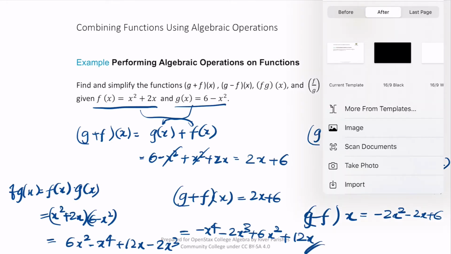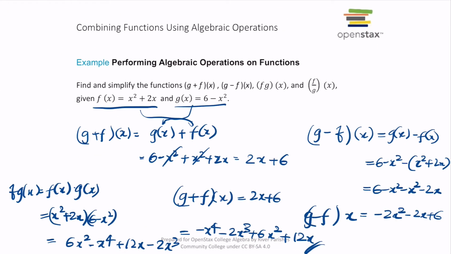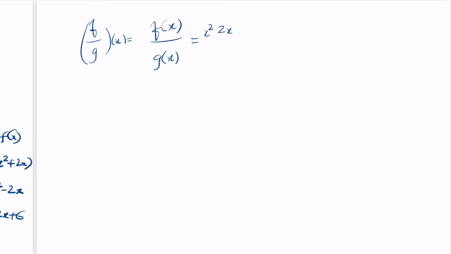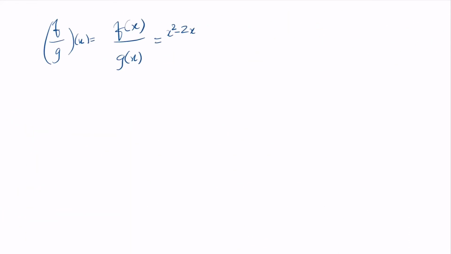Next, the last one we want to do here is (f/g)(x), which can also be written as f(x) over g(x). So f(x) here is x square plus 2x, over 6 minus x square. If you can simplify, you can simplify.